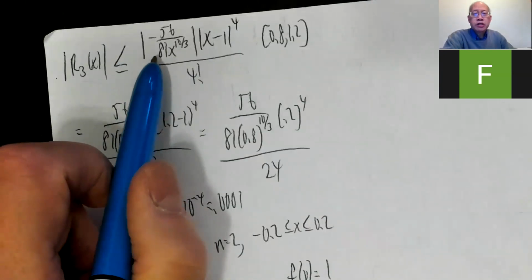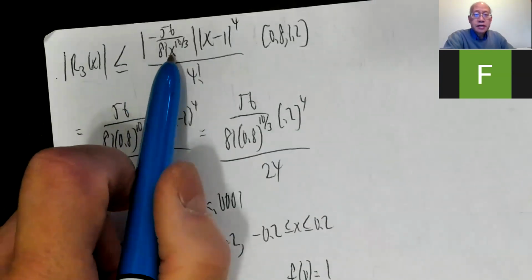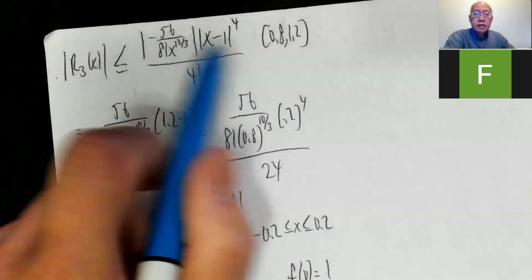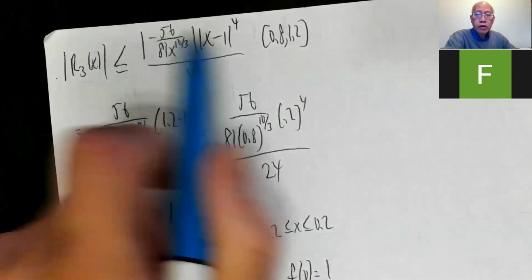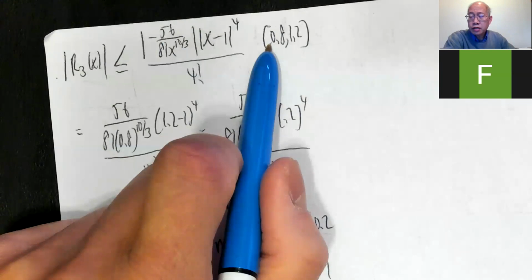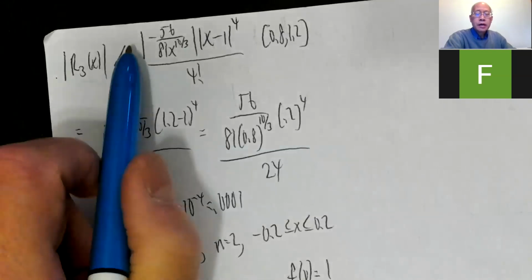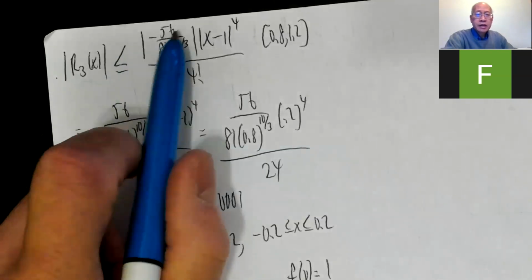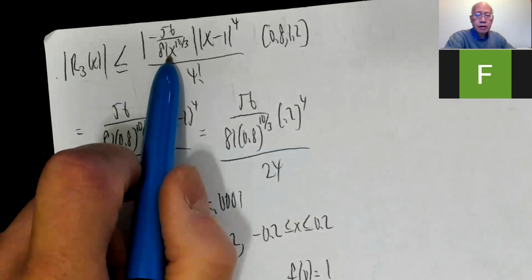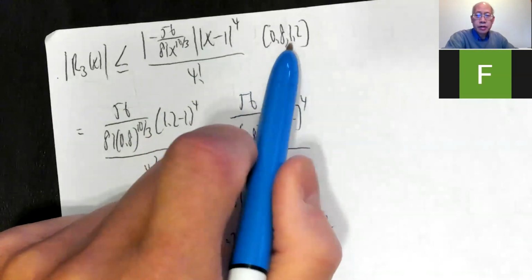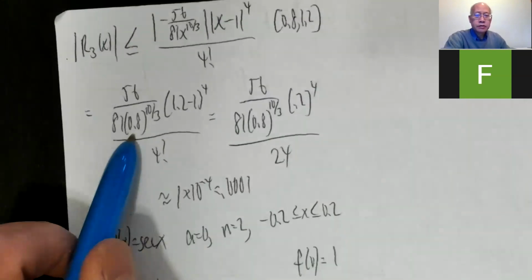Once again, by the reciprocal rule, since this x thing is in the bottom, this quantity is the biggest when I pick the smallest number. We talked about that before, right? So I plug in 0.8, which is 0.8 to the 10/3.